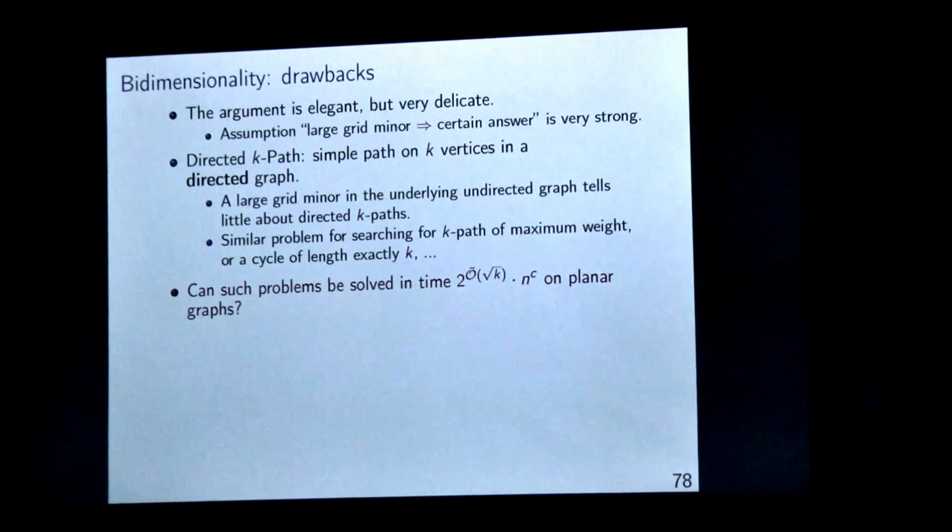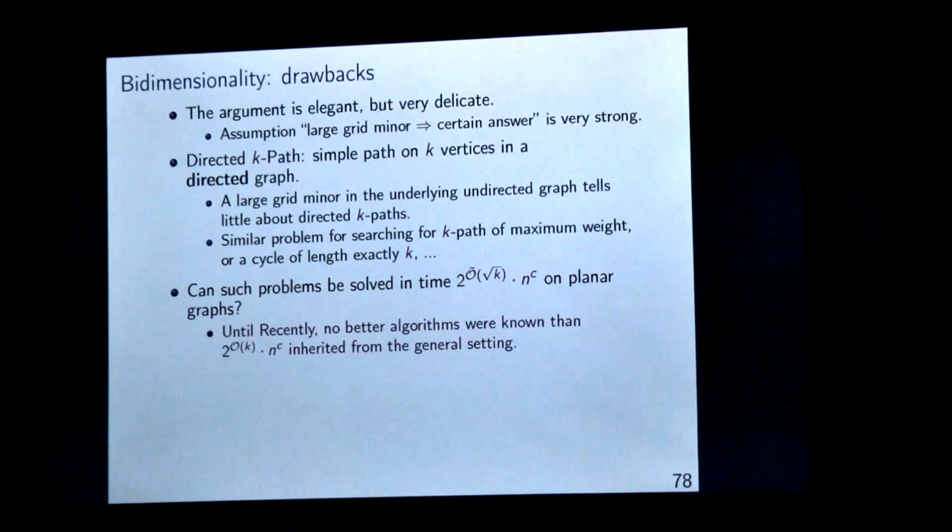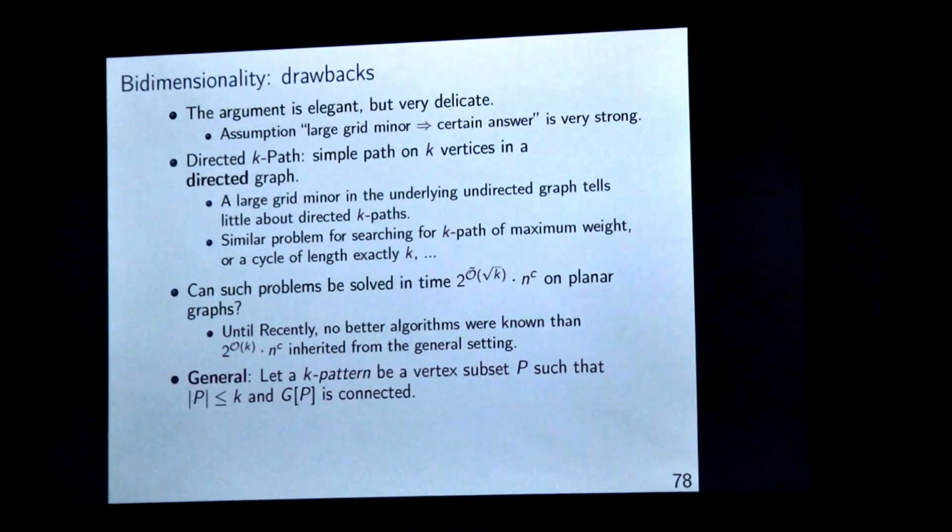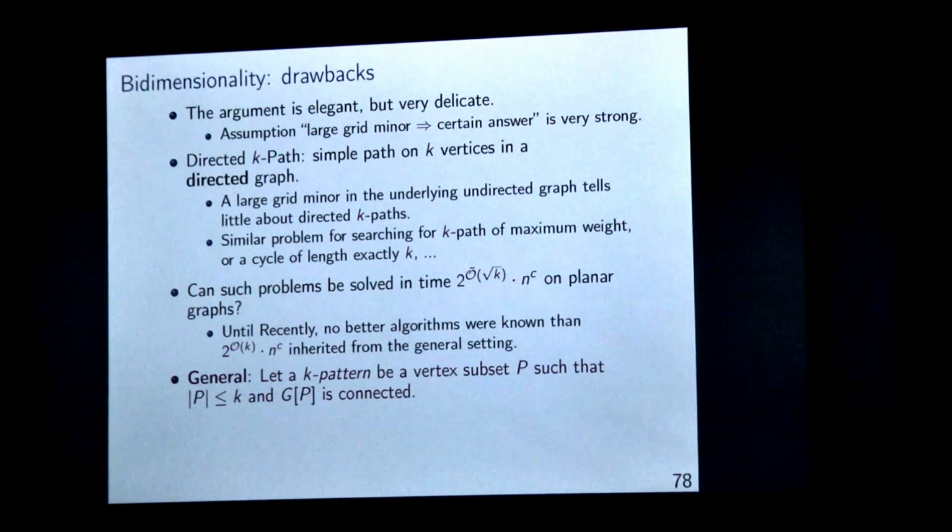Now the question was, when I say tilde, I'm hiding some polynomial here. Can you solve it in 2 to the power big O of tilde root k times poly n on planar graphs? Until recently, and by recently I mean until a few months back, there was no algorithm. But now, in general we can ask the following question. Let a k-pattern be a vertex subset P such that the size of P is at most k and the graph induced on P is connected.